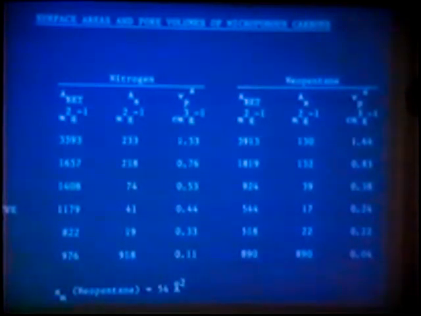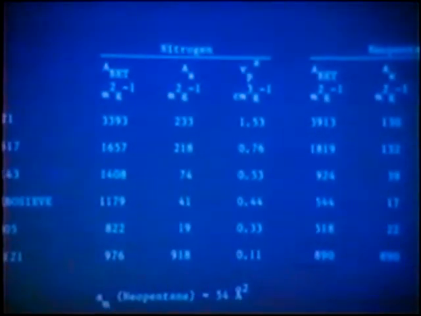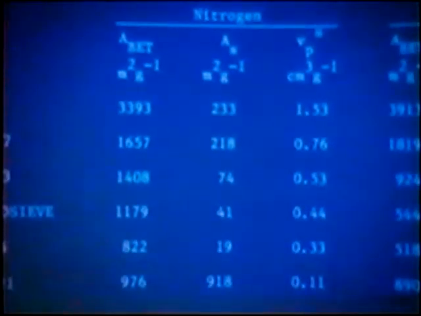This is the conclusion that we draw at this stage, and we believe that what is causing the difference here is in fact that we have a micropore size distribution in every one of these solids, and that we're picking up differences in degrees of penetration between nitrogen and the more bulky neopentane molecule.